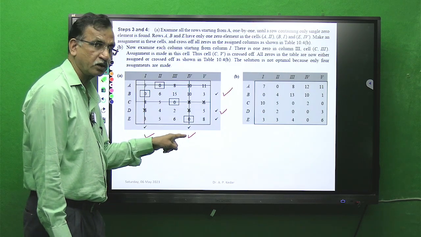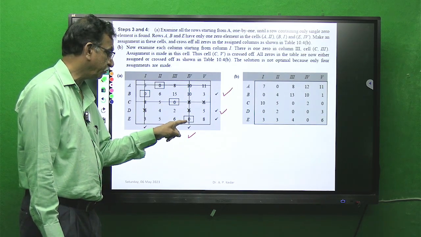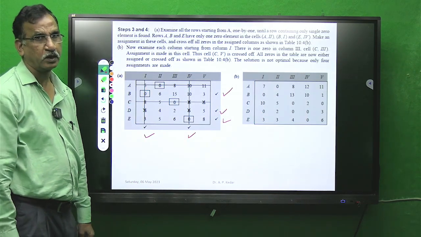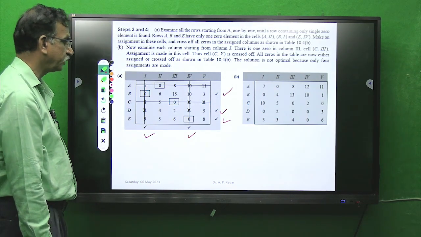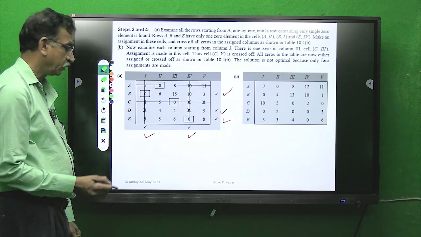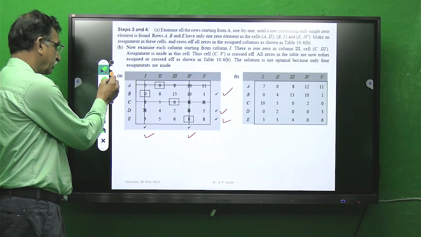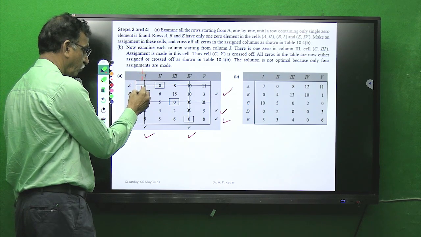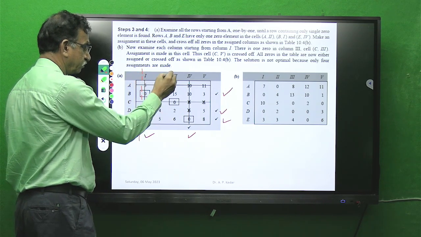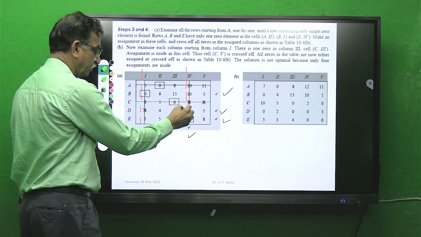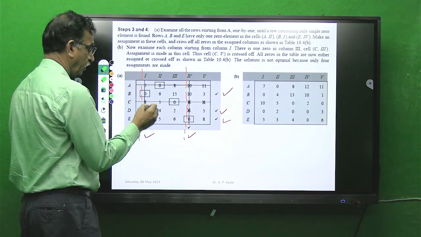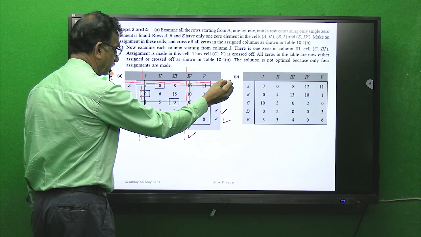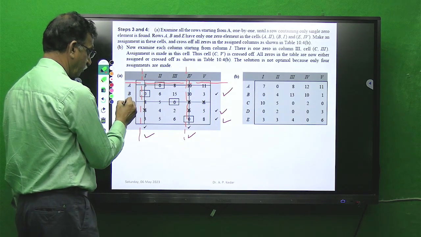Then for this particular column, here you are having assignment, so you tick mark this row, and then you know what we did in our earlier lecture was draw lines through marked columns, and draw lines through unmarked rows.